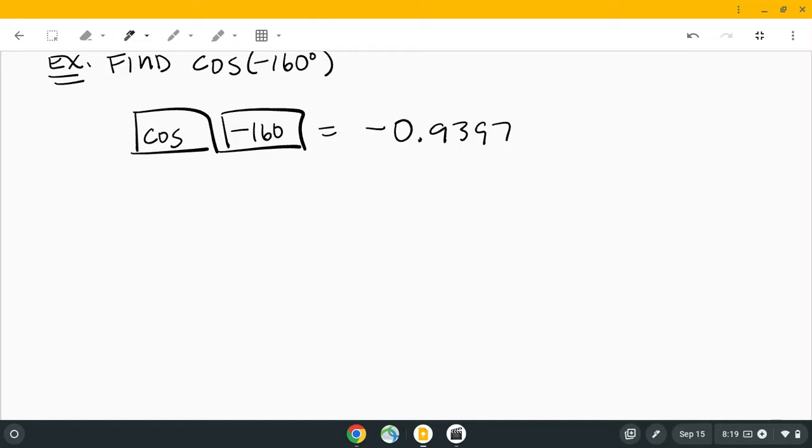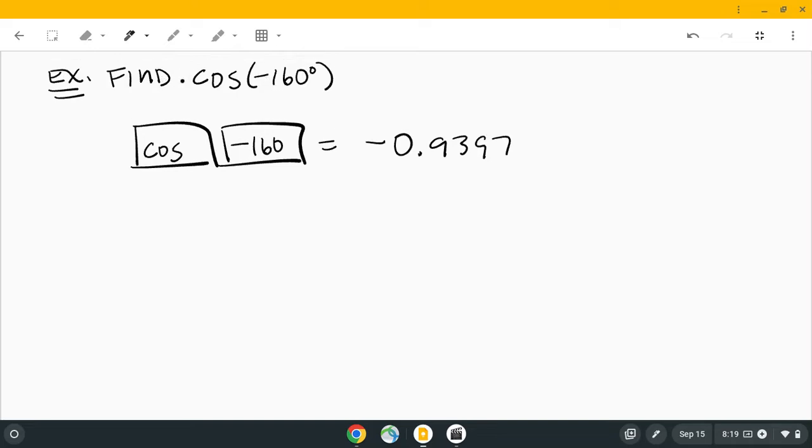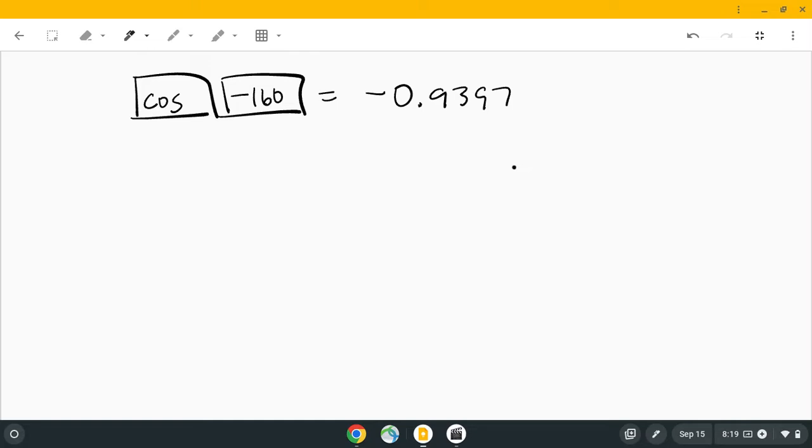As soon as you have an angle that's more than 90 degrees, you're going to be using reference angles, unless it doesn't say find exact value, then you can go ahead and use your calculator. In this third part, we are going to look at how to solve for the angles.